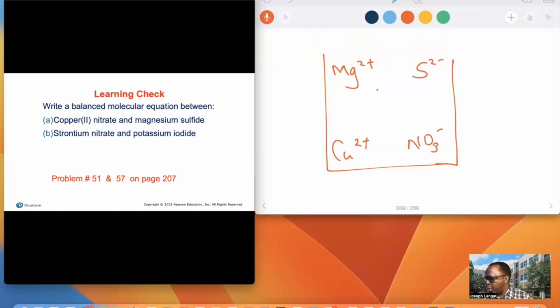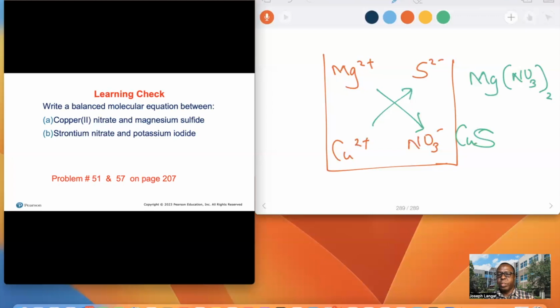So this and this will form a product, magnesium nitrate with the 2 subscript there, and copper sulfide, CuS, because 2 and 2 will cancel.